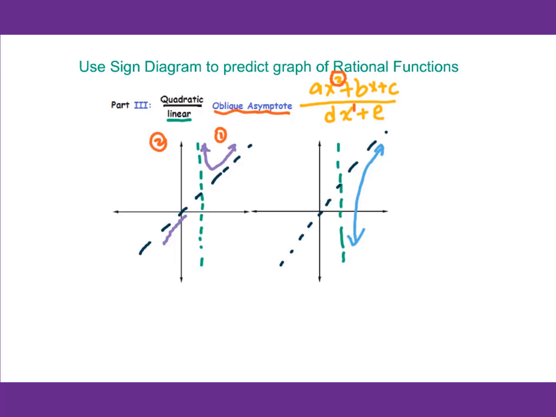This graph will definitely be like this, and this part will be like this. Therefore, for quadratic over linear, you have two types of graphs.